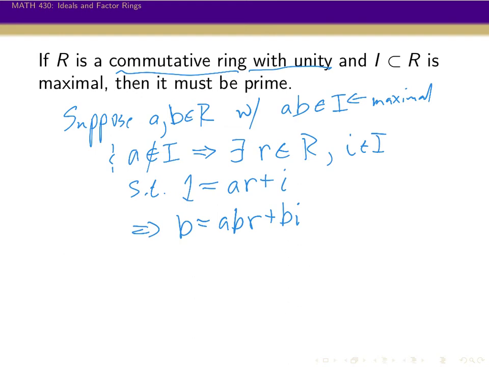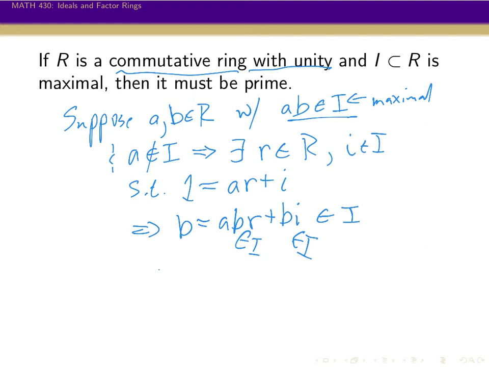And so AB is inside I. That's what we said at the beginning. So R times something in I is going to land us inside of I. Plus B multiplied by something in I, and so by definition of an ideal, that's automatically inside of I. And so no matter what, we're adding together two things in I, so B has to be in I. So if AB lands us inside our ideal, and A is not in the ideal, then B had to be in there.